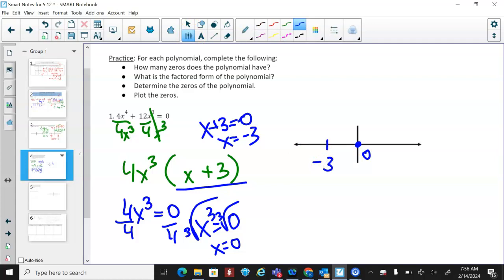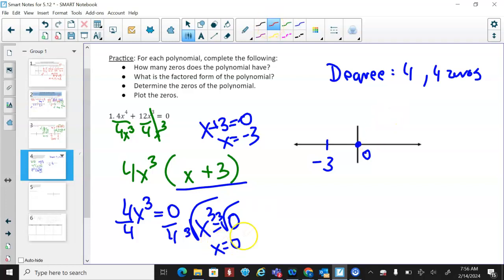Now, here's when we bring up something very important. We said that our degree is 4, so I'm supposed to have 4 zeros, but I'm only showing 2. That's when we bring up that the 0 is going to be here 3 times because this was x cubed.